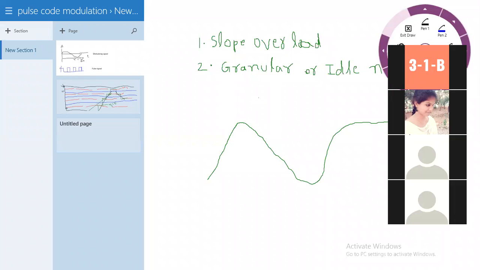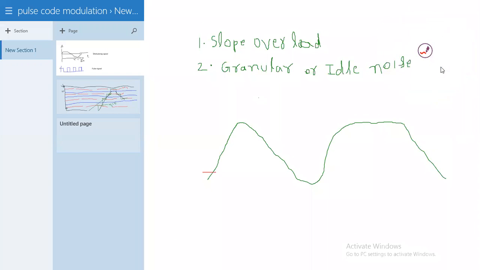Here, the step signal is a fixed one. The step size is fixed.